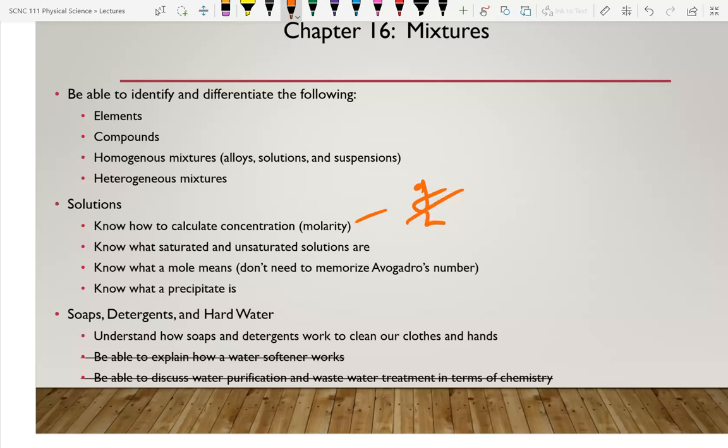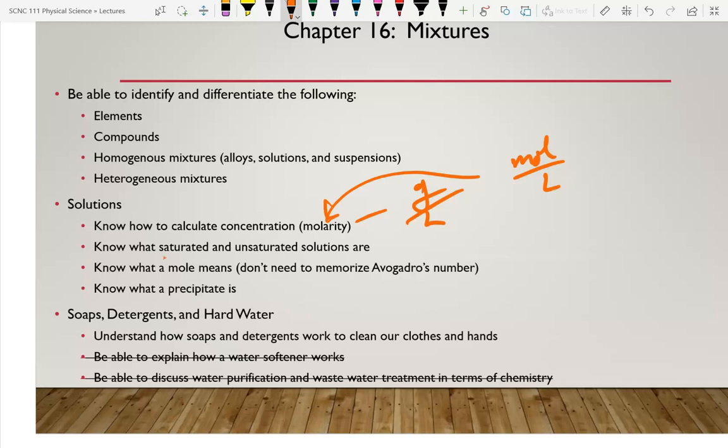Yeah, I did it in class on Wednesday. So concentration in grams per liter was one concentration we did. Molarity is in moles per liter. So you should be able to do concentrations in both of those, grams per liter or moles per liter. They're not going to be the same numbers because they're not the same units.